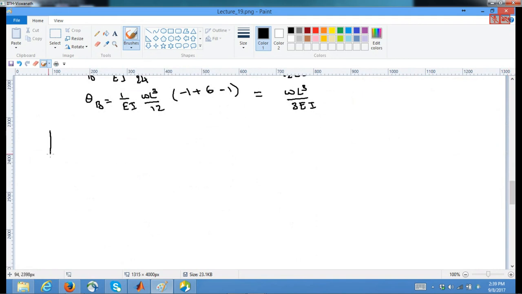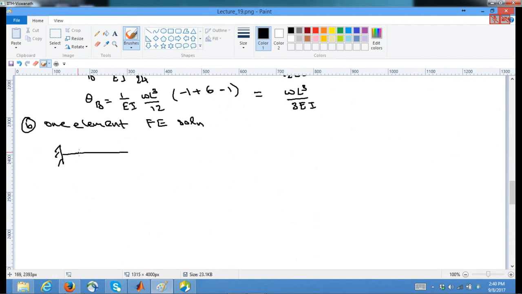So again, let's take this problem. The second case, the B case, is the one element FE solution. The one element FE solution for the problem is as follows.